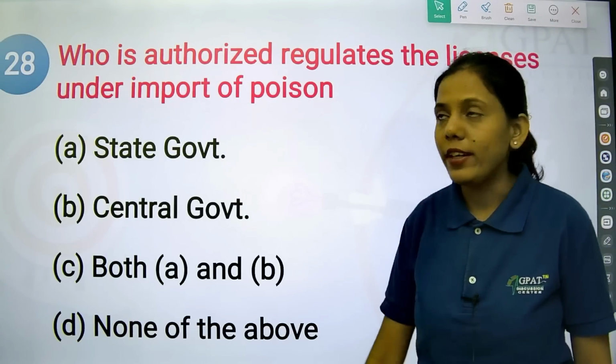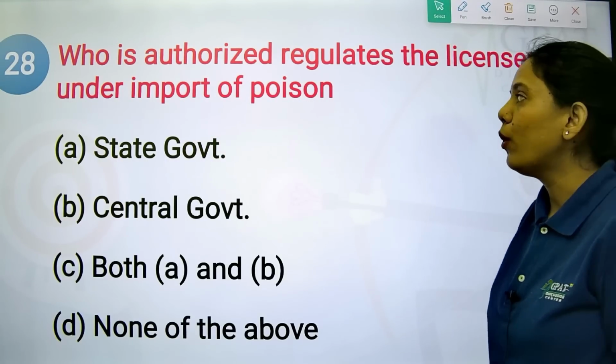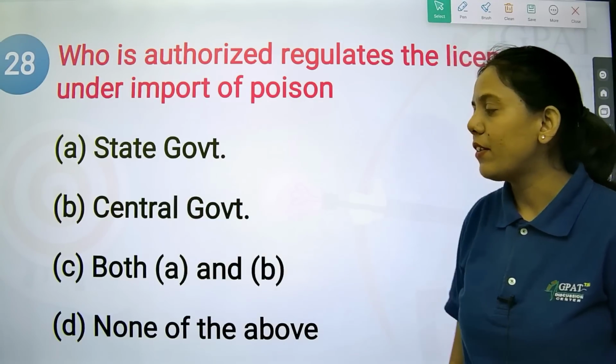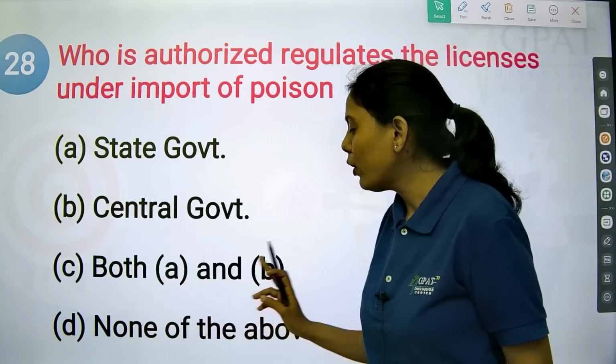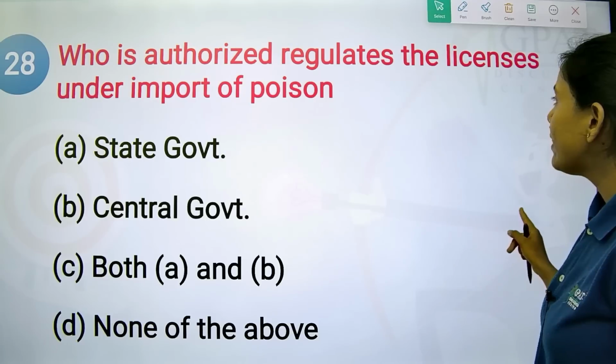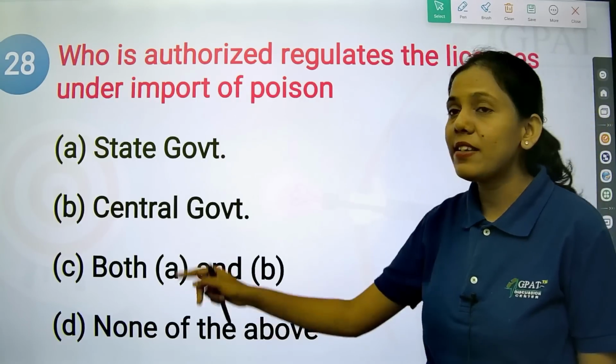The next question is, who is authorized to regulate the license under import of poison? Option A is state government, option B is central government, option C is both A and B, option D is none of the above. For regulating the license under the import of poison, it is the central government.